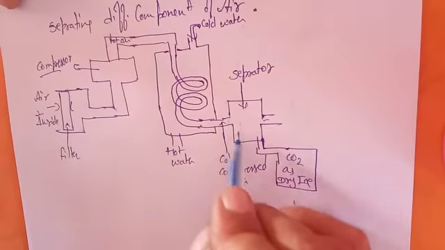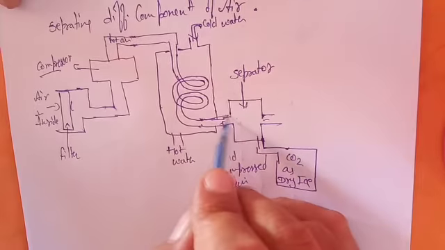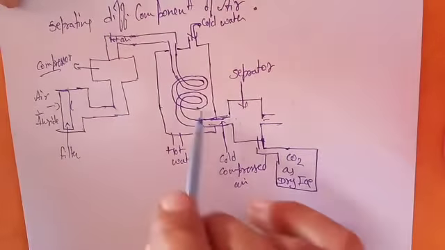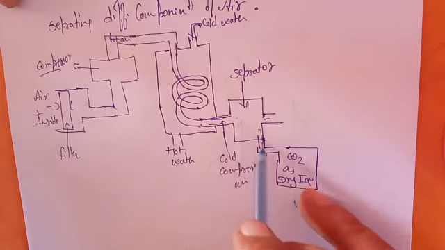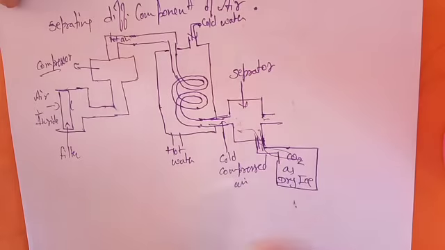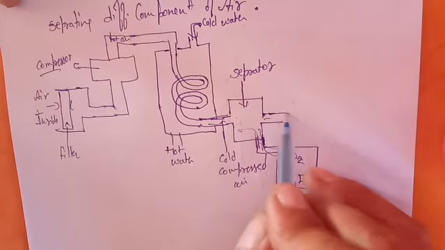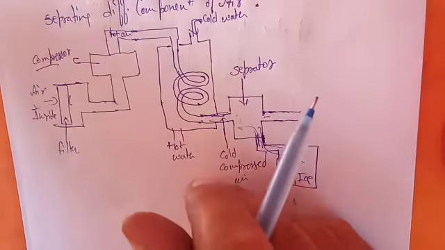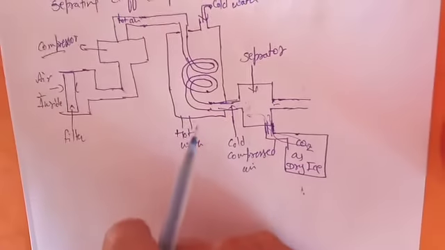That is to say, if there is CO2 already present in the air, it will get turned into solidified form, and we will extract it here. The remaining components are still in gaseous condition because their boiling points are quite low, in the negatives.